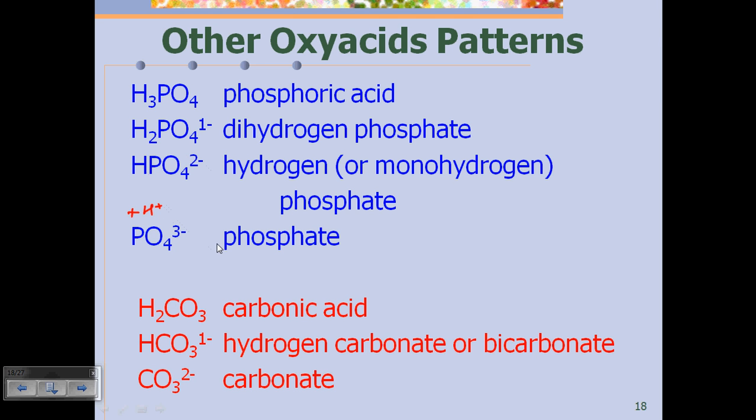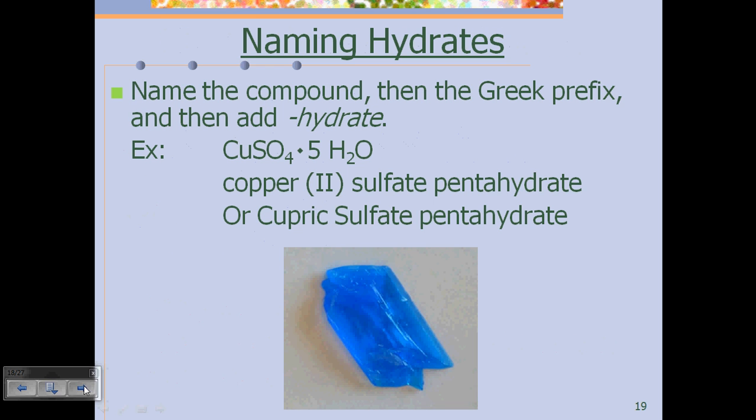Now you call it hydrogen phosphate because you added 1 hydrogen to this phosphate. If you add 1 more hydrogen to this HPO4 2 minus, you'll get H2PO4 minus 1 because you added a plus 1 charge to it. Now you call it dihydrogen phosphate. Do you see the pattern? So that's just a little pattern among oxyacids, helps you remember the oxyacids.